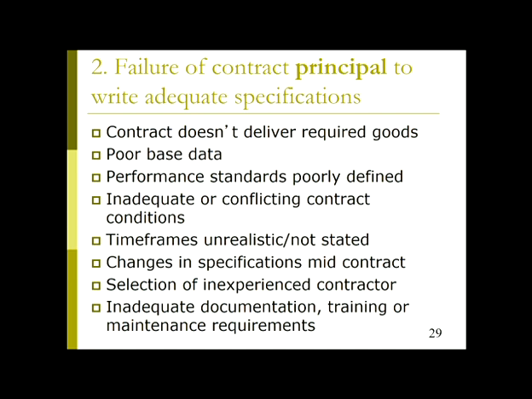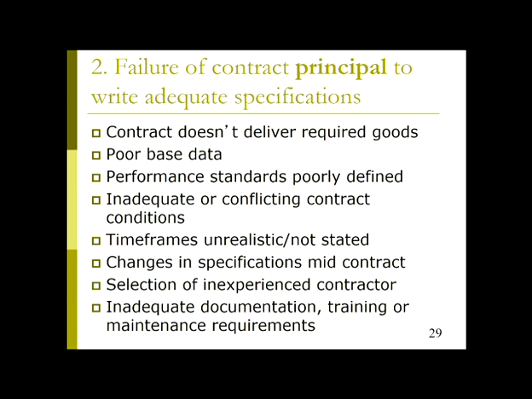That information should provide the basis for costing the next project. But if that wasn't done adequately, then you've got a poor database for estimating the cost of your next contract, your next project. Performance standards might not be properly defined.